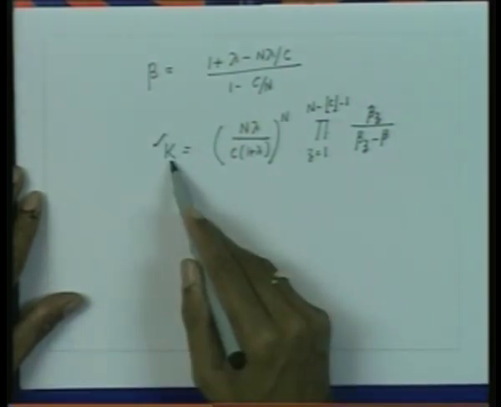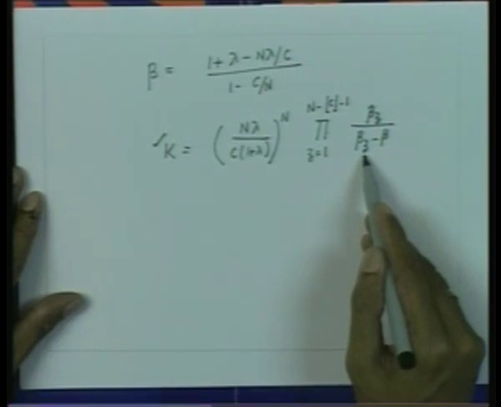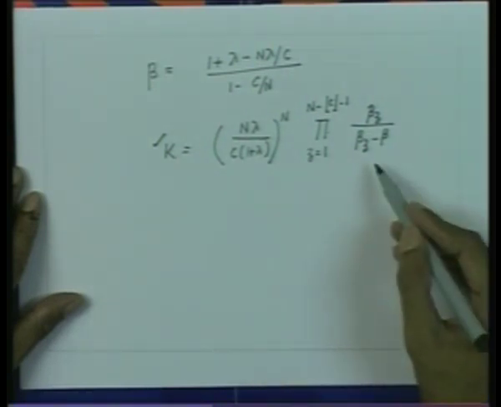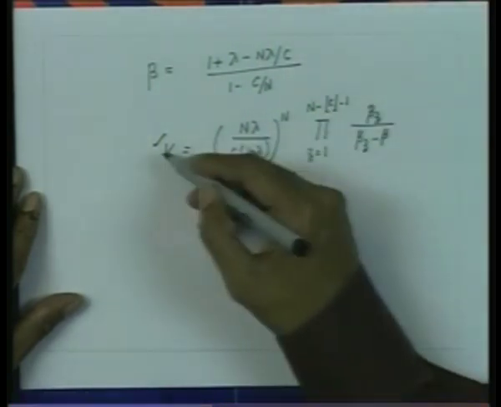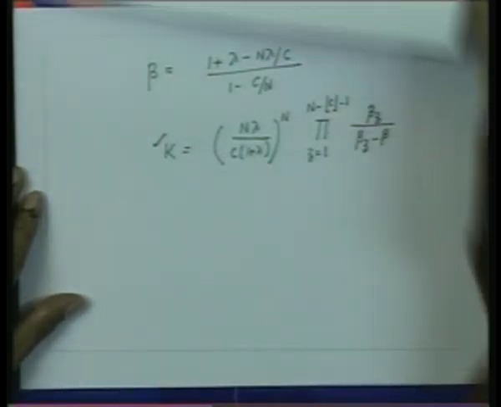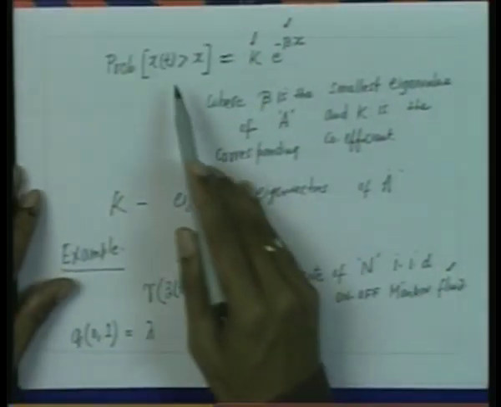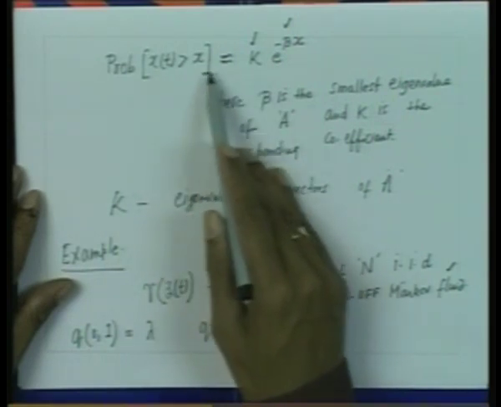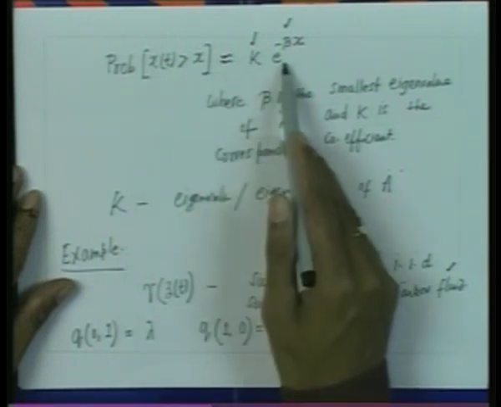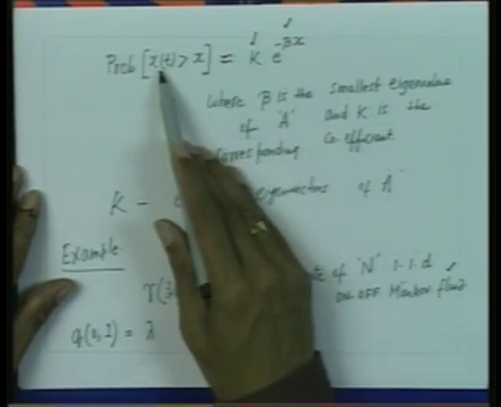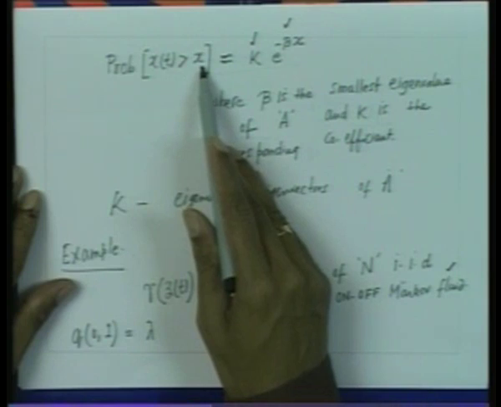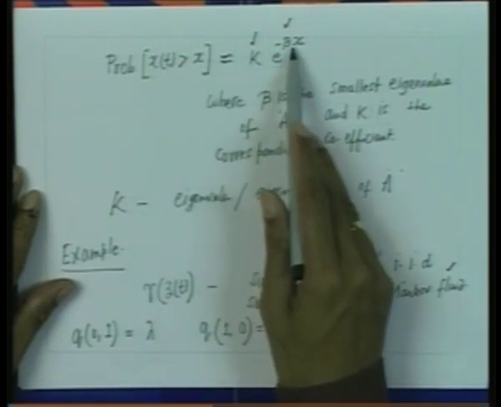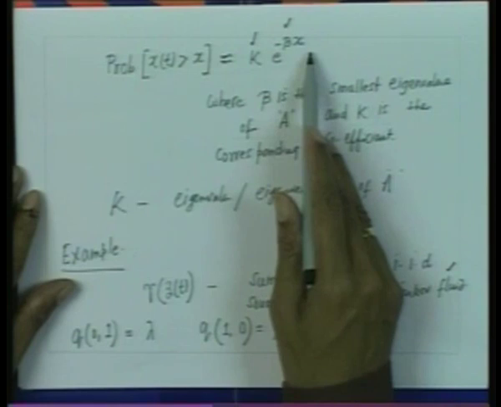Now remember that to compute the value of k, we require all the eigenvalues of the matrix A that we had just seen. But if we compute the value of k and beta, then we know the probability distribution of the buffer occupancy. Note that the probability that the queue length is greater than X will decrease exponentially as X increases.